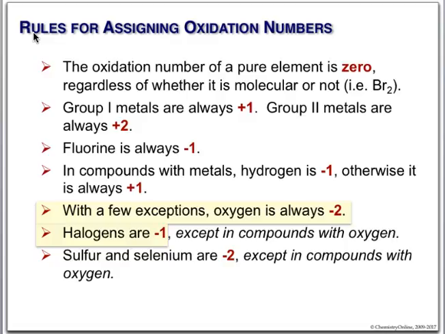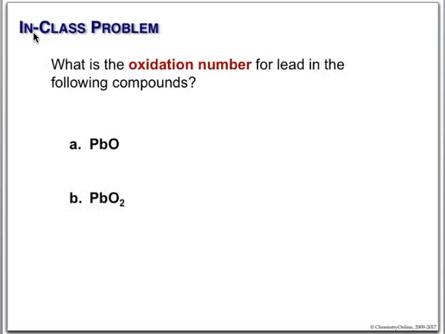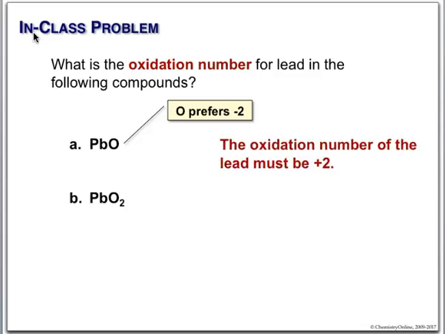Now let's see how this works. Here's our PbO. We know that oxygen is going to be a -2. If this compound is neutral, that means the lead must be +2, right? So how do we write the name? Well, the oxidation number is 2.